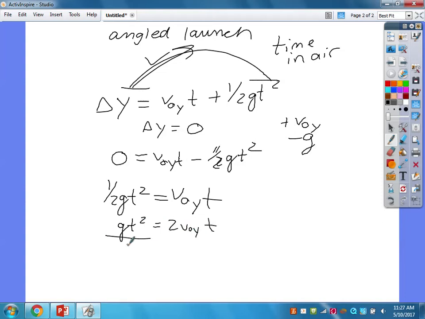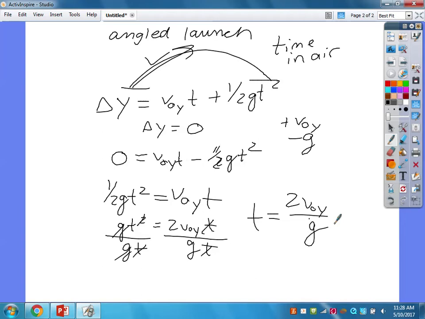I'm going to divide both sides by g t, because that'll eliminate one of the t's on this side, eliminates that g, so I'm left with t, and eliminates the t on the other side. So the time in air for an angled launch is 2 v naught y over g. That would be your answer. So that would be the time in air for an angled launch.